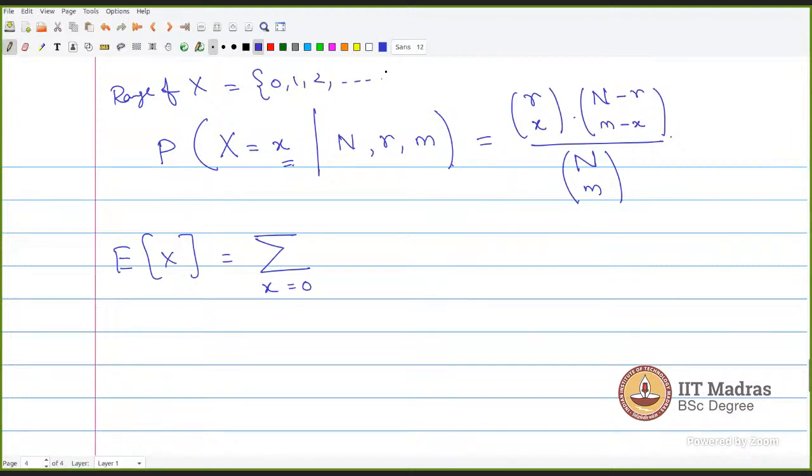Will it go till N or till R or till M? Am I audible? Yes, sir. Okay, you are thinking. What is the range of x?